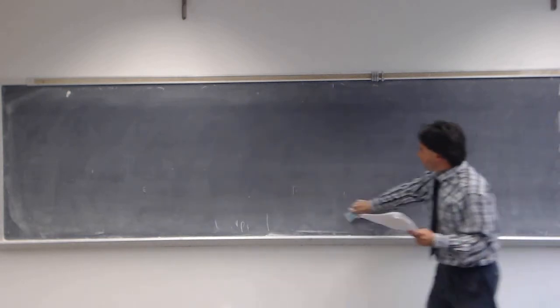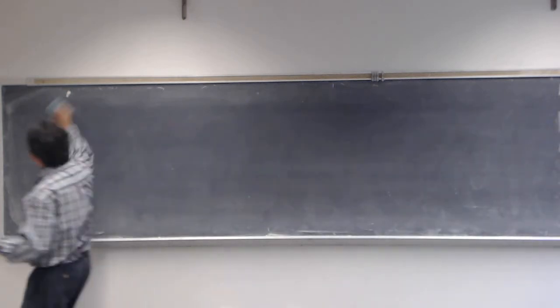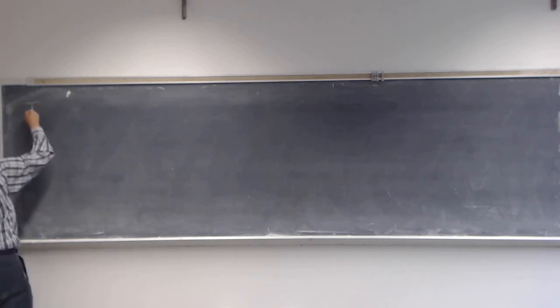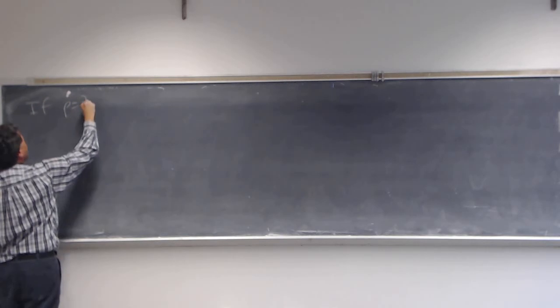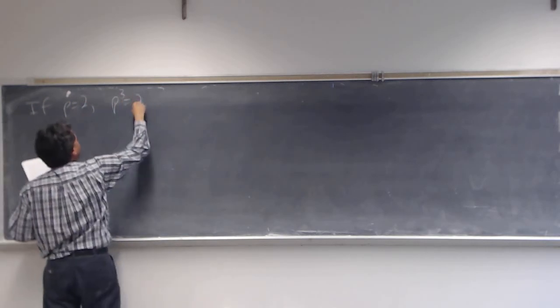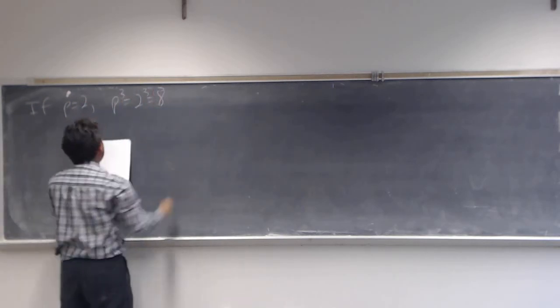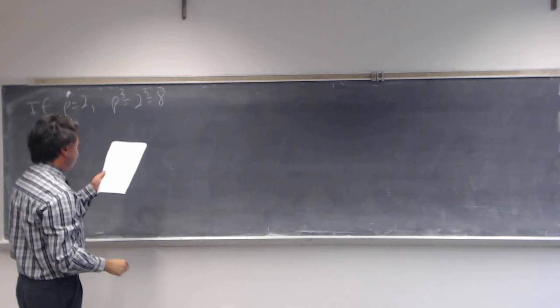Unlike a general proof with a's and b's and arbitrary elements that I'll have to do for orders greater than p, if the prime p is 2, p cubed is 8, so I really have to look at 8 cosets.